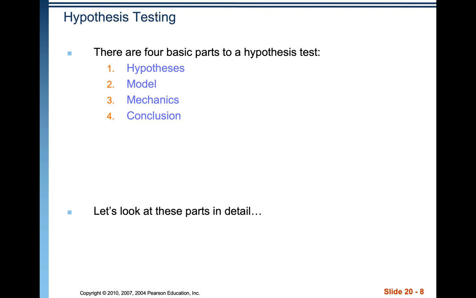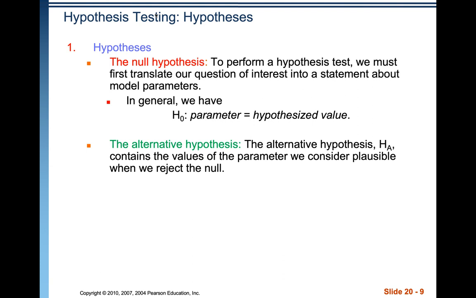There are four basic parts to a hypothesis test: the hypotheses themselves, the model, the mechanics, and the conclusion. So let's look at these different parts. The hypotheses, as we've said before, are two different hypotheses: the null hypothesis and the alternative hypothesis.